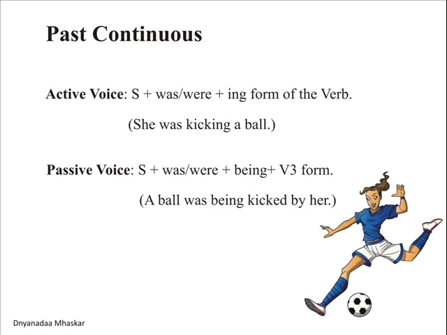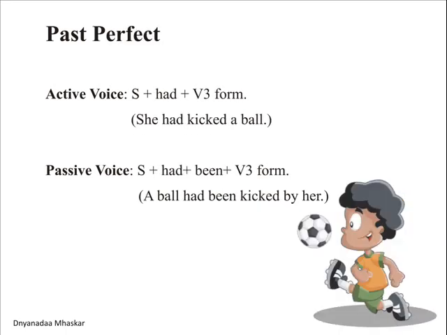A ball was being kicked by her. Past perfect tense now. Active voice, subject plus had plus V3 form. She had kicked a ball. Passive voice form, subject plus had plus been plus V3 form. A ball had been kicked by her.